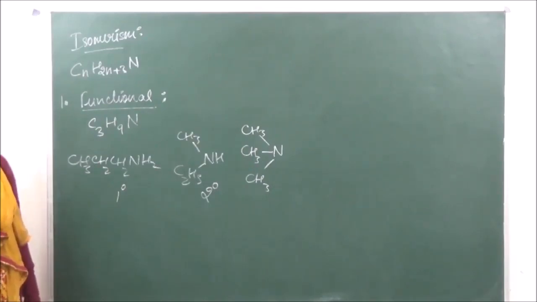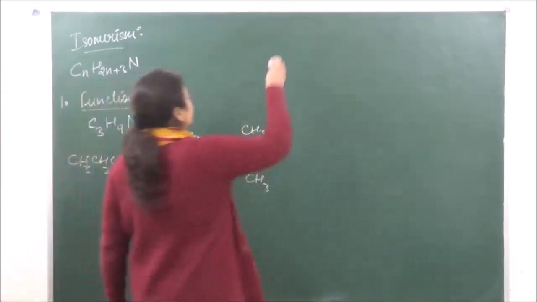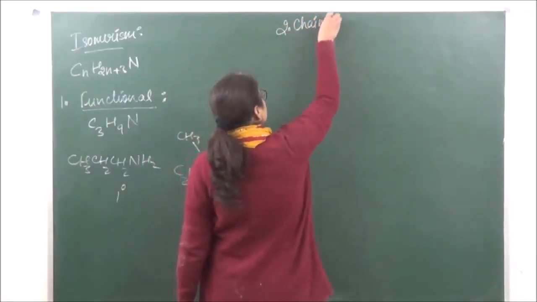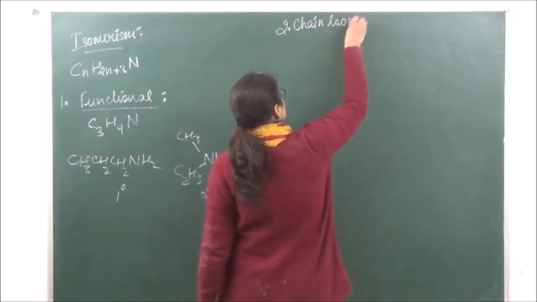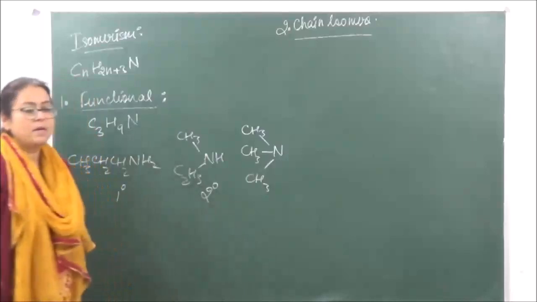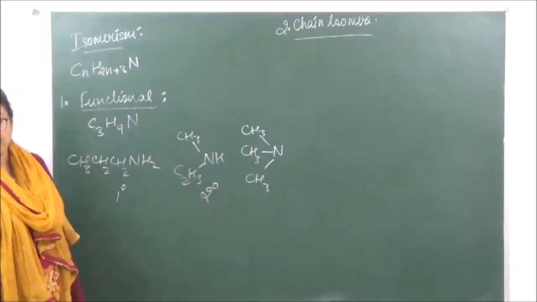So all these 3 are going to be functional isomers of each other, okay? The second type of isomerism which they can exhibit is chain isomerism, in which the chain is different.